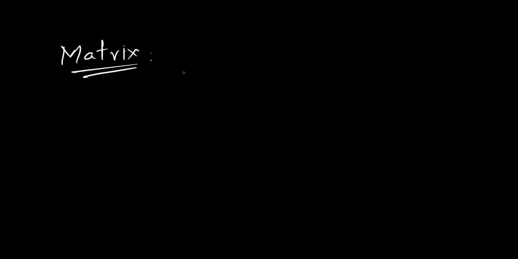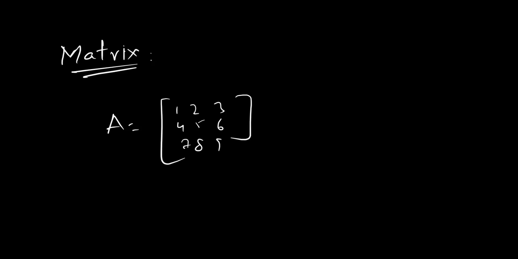Matrix is simple. If we take A is equivalent to 1 2 3 4 5 6 7 8 and 9, this is going to be in the form of m by n. So a system of m by n numbers arranged in the form of a rectangular array having m rows, which we will denote this way, and n columns, which is going to be in this way.